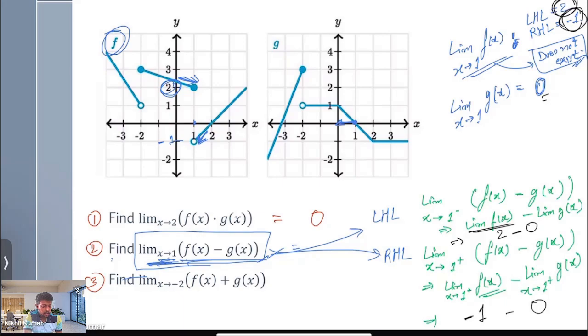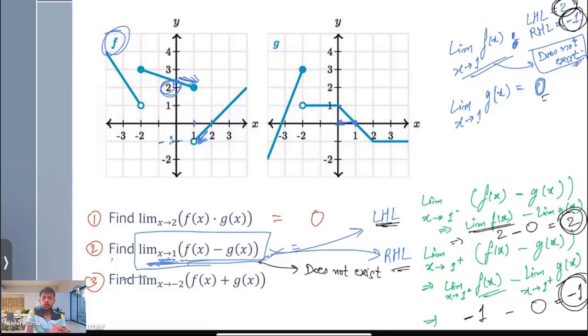So these two are giving me two different values, aren't they? 2 and -1. So we say that the limit of this function does not exist. Why? Because the left hand limit and the right hand limit are different.